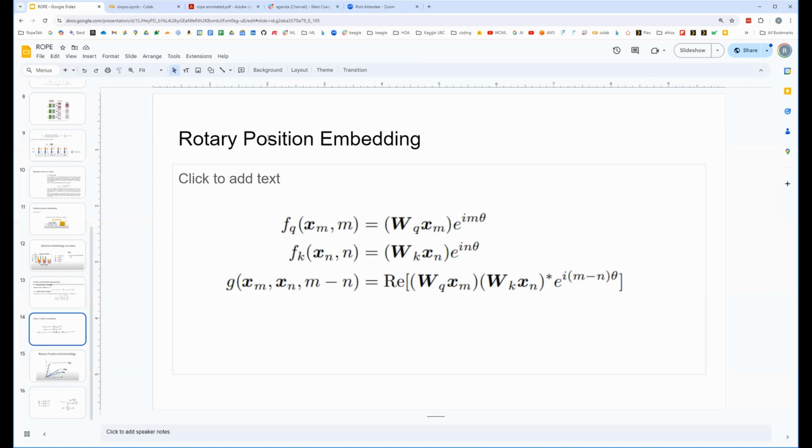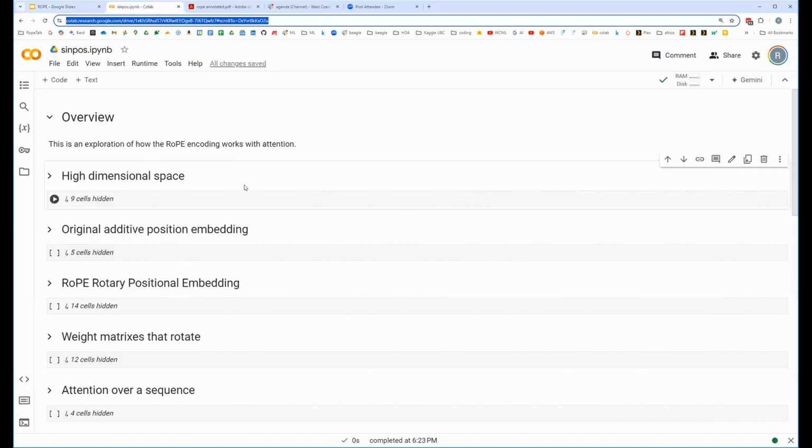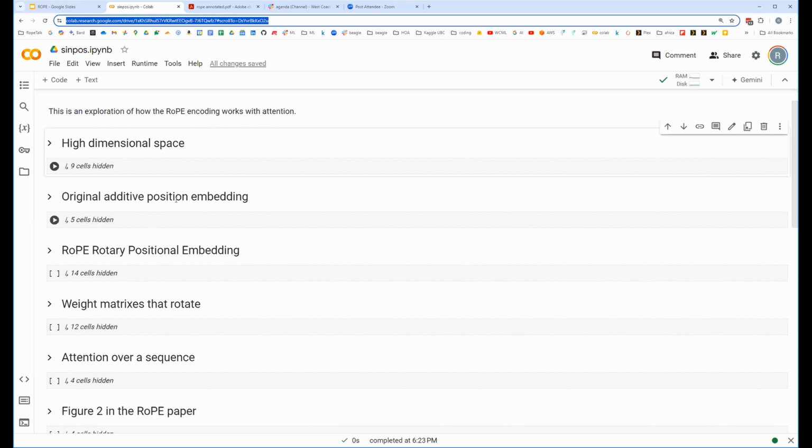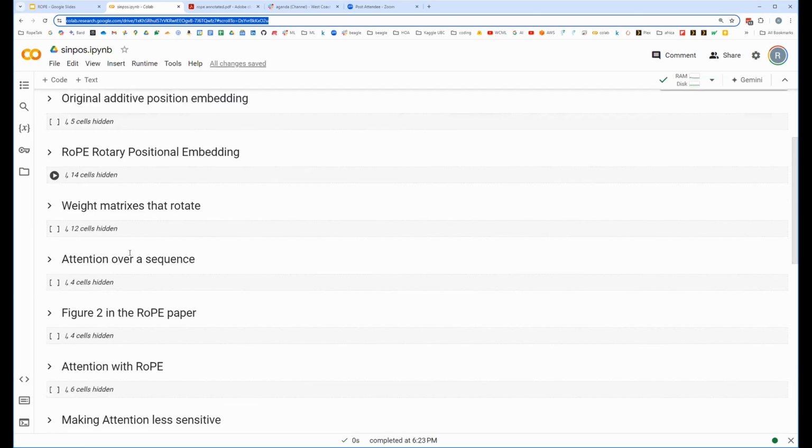Okay, so that's that. This was the notebook I was going to go through. It's an exploration where I jumped around and had questions about different aspects of it, and just tried to organize it. We'll go through some examples of things in high dimension and what that looks like. I want to look at the original additive position embedding and how that worked, and then introduce the rotary position embedding.